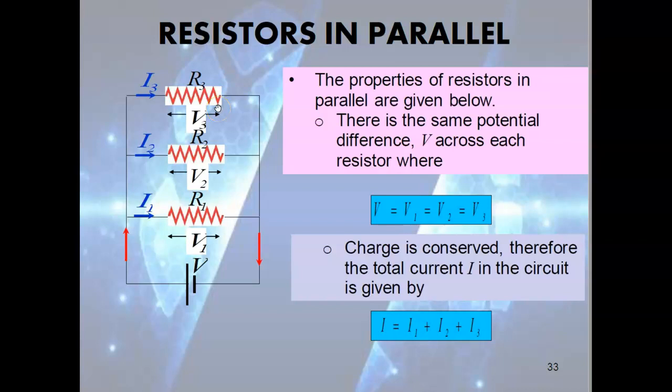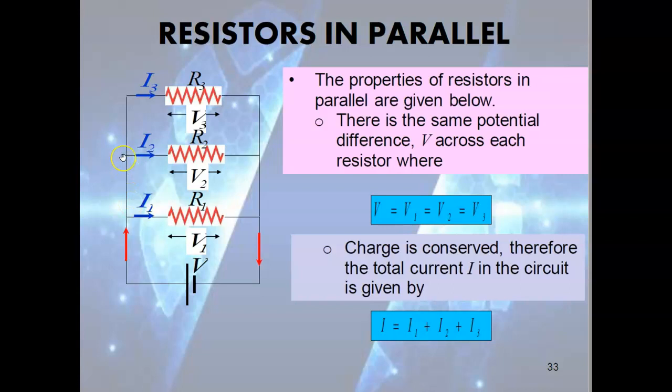If you don't know the difference between parallel and series, for parallel you will observe a junction over here. So when the current I from the power supply flows out, some of the current will flow into resistor 1 and some of it will go straight.